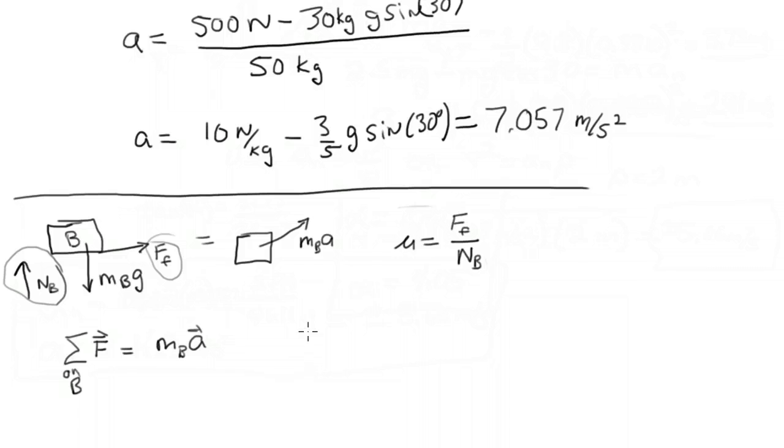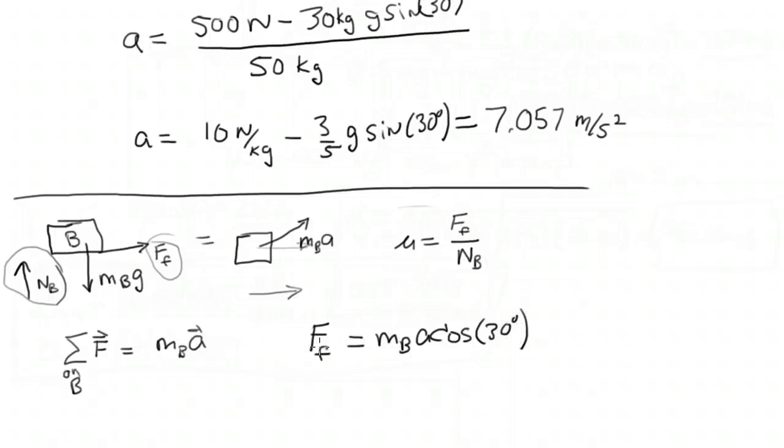Okay, so we can see from this diagram that m_B g and N_B are acting perpendicular, opposite one another, and so we've got this force of friction here. Let's just consider this component first, and that force of friction has got to equal m_B a right here, but we just need the component along this direction, so we'll take the cosine of 30 degrees.